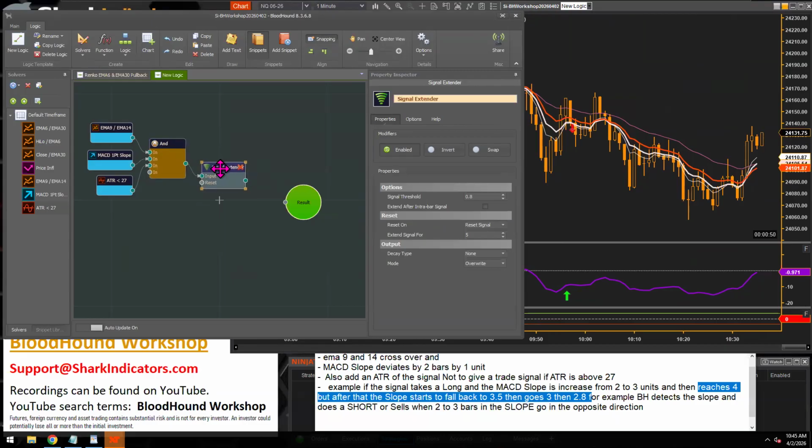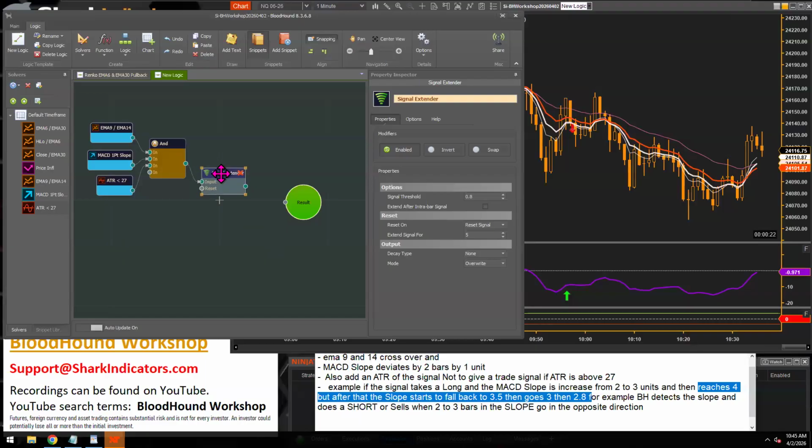The benefit of the signal extender is we have a reset condition. I'm only given a limited set of things here, but just trying to read into this as best I can, there could be something else that says we should reset the extension of the signal here.